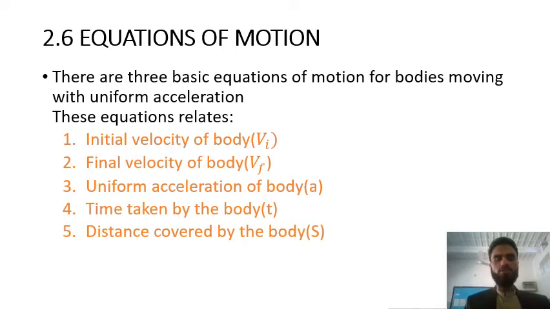These are the equations which relate the initial velocity Vi, final velocity of the body, which will be denoted with Vf, uniform acceleration, which will be denoted with A, time taken by the body, which will be denoted by T, and distance covered by the body, which will be denoted by S in the rest of the lecture while deriving the equations of motion.